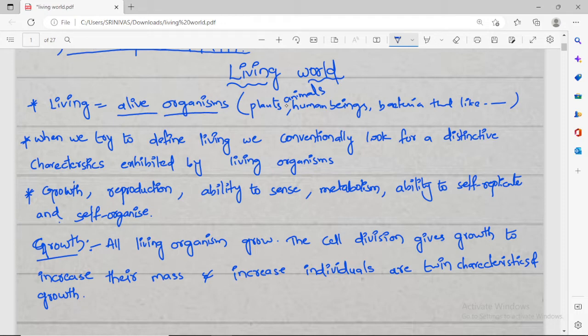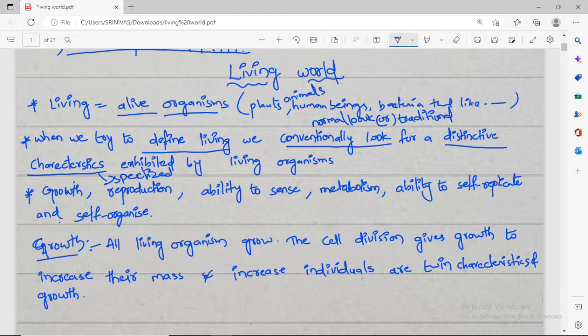When we try to define living, we conventionally look for, conventionally look means a normal or traditional look, distinctive characteristics, meaning specialized characters exhibited by living organisms.